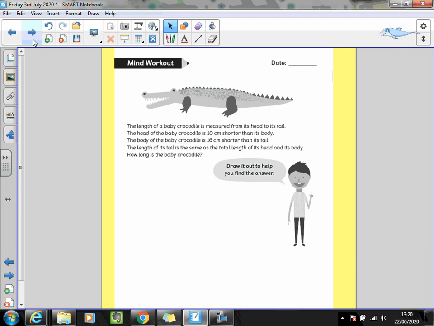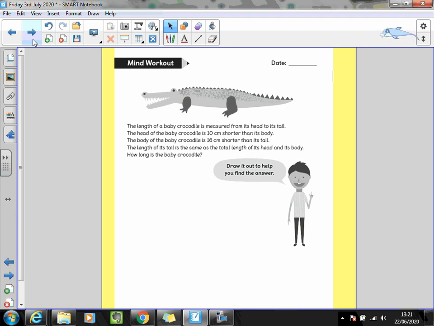We're now going to have a go at a mind workout, which is a trickier problem that you need to solve, thinking about your explanation and your reasoning as to why you think you know the answer. So the length of a baby crocodile is measured from its head to its tail. The head of the baby crocodile is 10 centimetres shorter than its body. The body of the baby crocodile is 16 centimetres shorter than its tail.